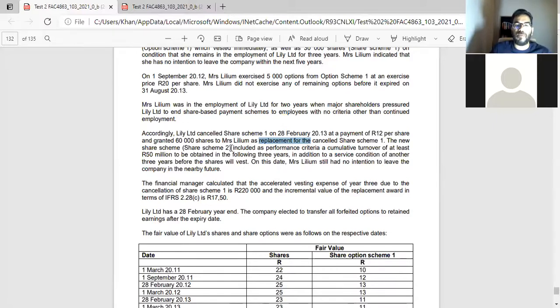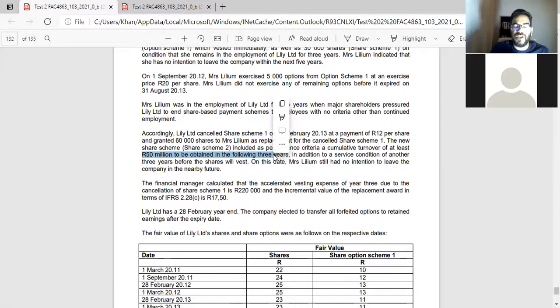What makes it a performance condition is that it's not solely how long you need to remain in employment, but it's also some target. The target is 50 million Rand. That is a non-market condition because revenue has nothing to do with the market. A market condition would be a share price. Okay. So 50 million Rand non-market condition in the following 3 years.